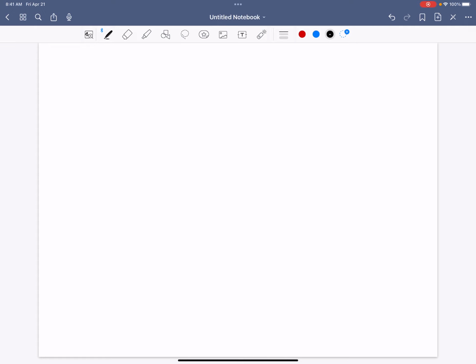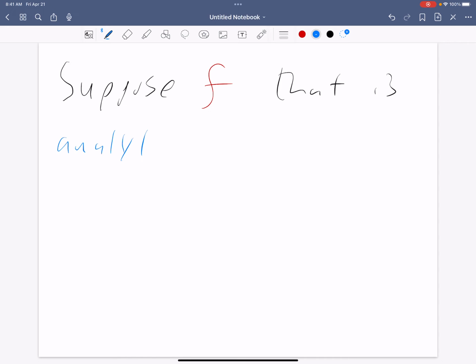So what is Schwarz's lemma? That's what we're going to start off with. Suppose I've got a function f that is analytic, and we know it's analytic on the open unit circle, such that two things hold.